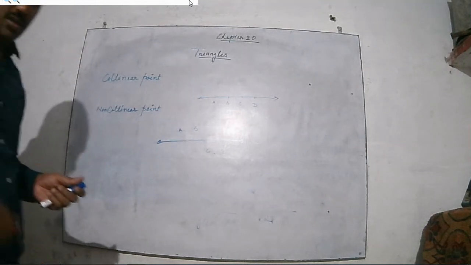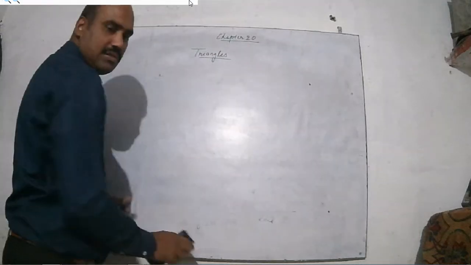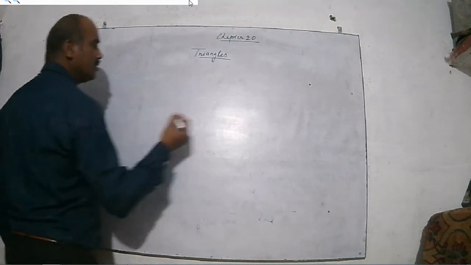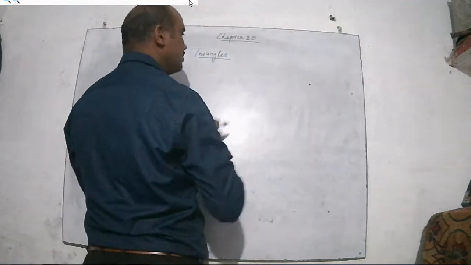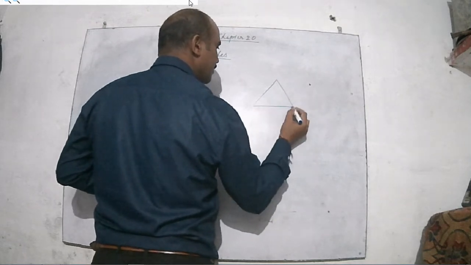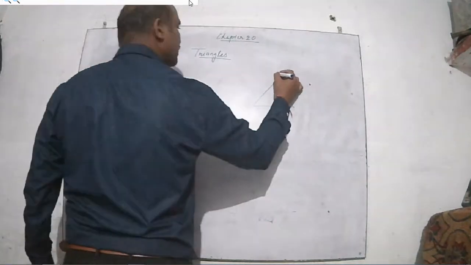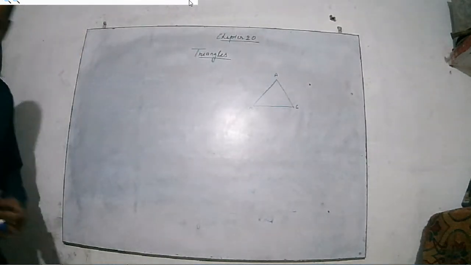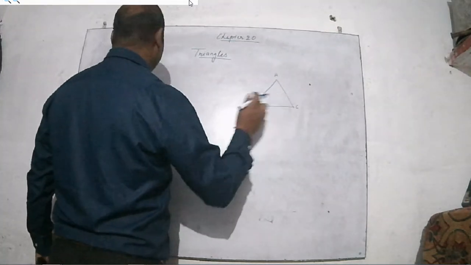Now we come to the next topic, triangle. This is our triangle. I name it A, B, C. Here you see this is a closed figure.